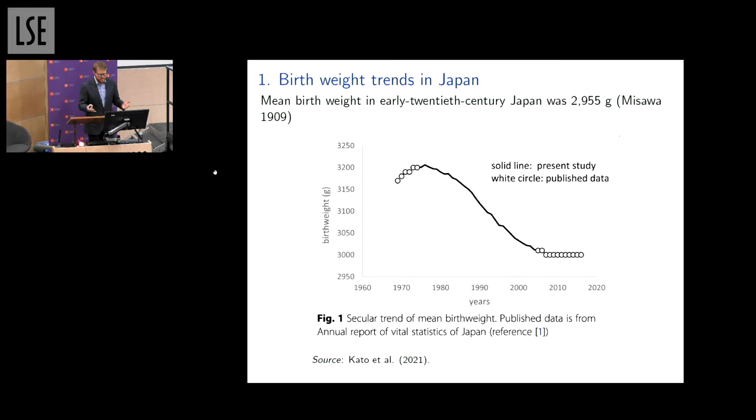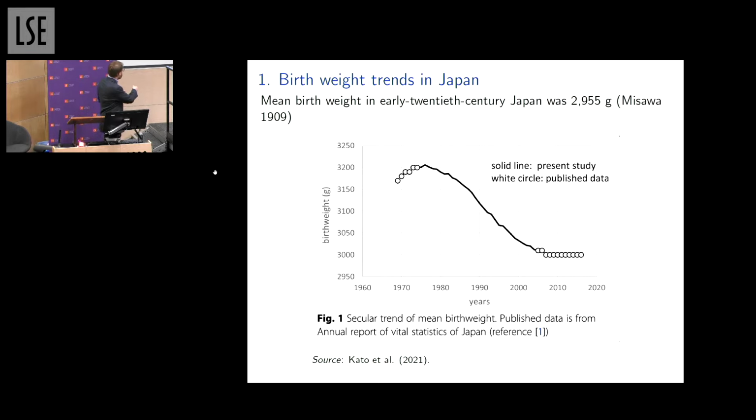And to give you a sense of how much this matters, I'm going to show you some birth weight trends in Japan, because Japan is a country that has a really high stunting rate that declines entirely. Unfortunately, I don't have a graph that shows the whole trend, but imagine in your mind that the average birth weight in Japan in 1900 is around 2950 grams, okay?